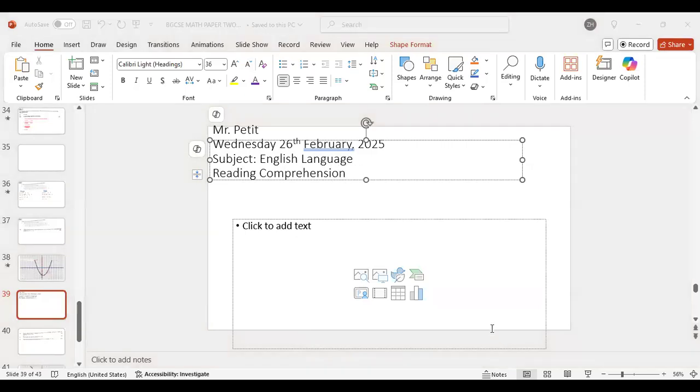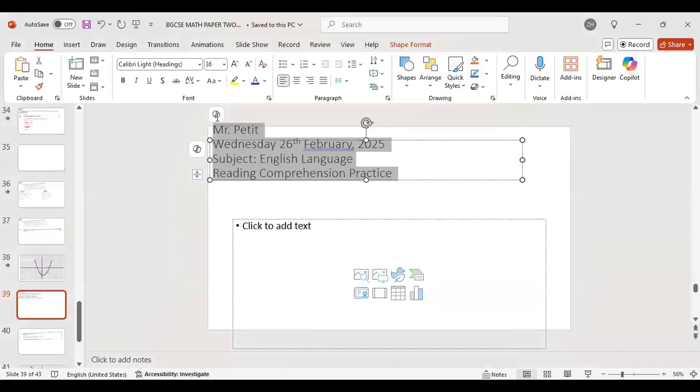The last thing we did in English language was closed passage, very good. And we learned how to put your name in the chat if you want to read, because we're going to have a passage and I want us to read it. So we're going to be doing reading comprehension passage practice.